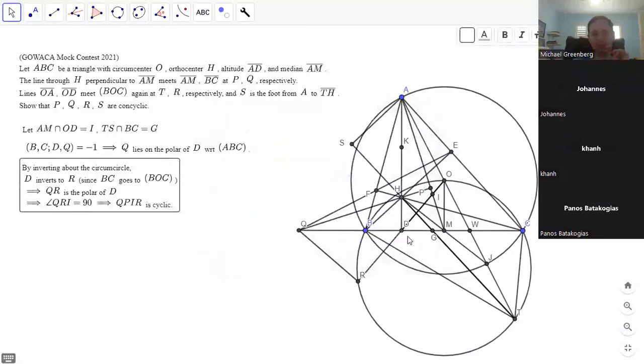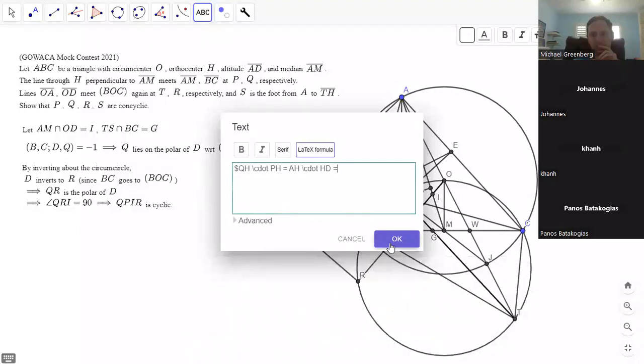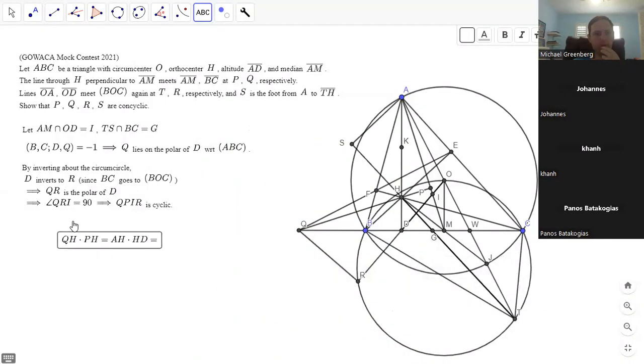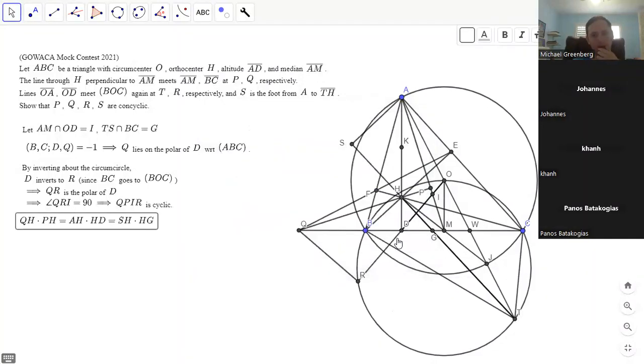We also know, I think, that QSPG is cyclic, right? Because QH times PH is AH times HD, which is SH times HG. And so QSPG is cyclic.